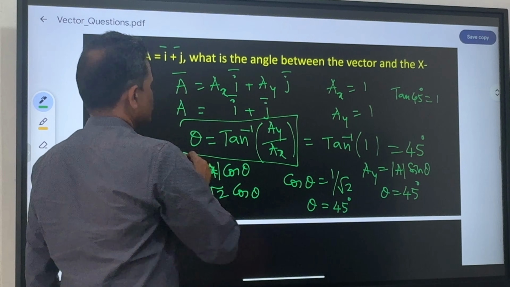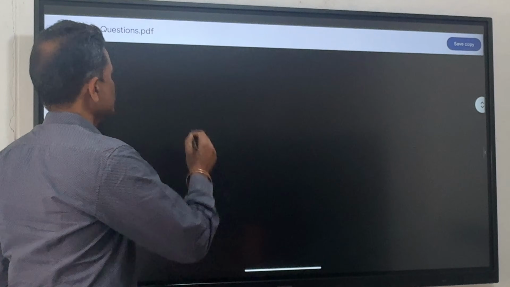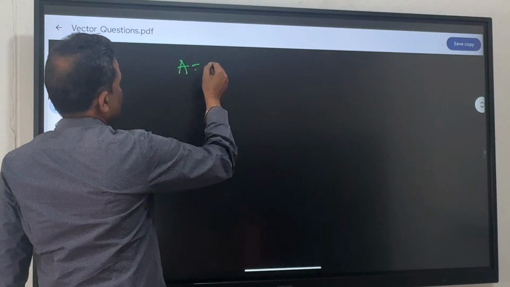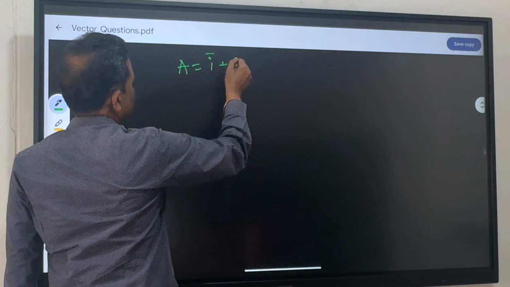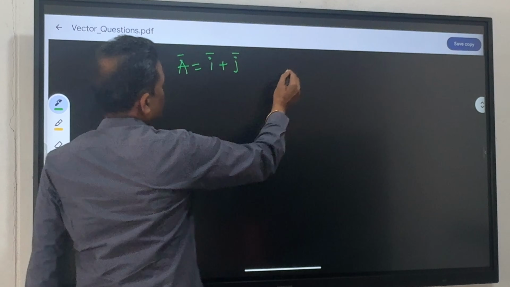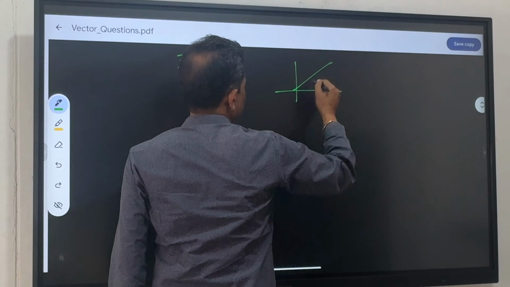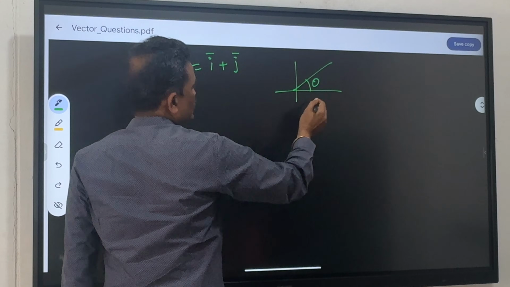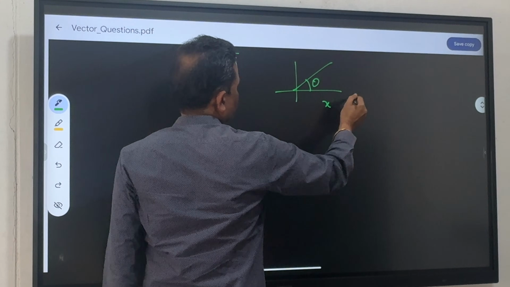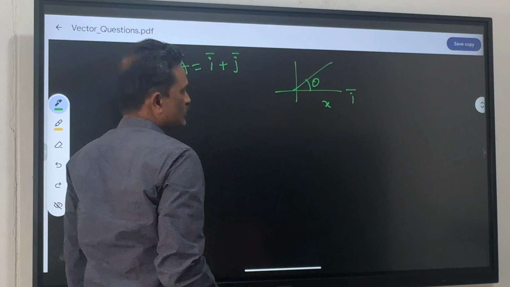There are many methods. Another way is, so one vector is A is equal to i plus j. What is the angle made by this vector with the x-axis? This theta we are going to find. Along x-axis we have a unit vector called i.